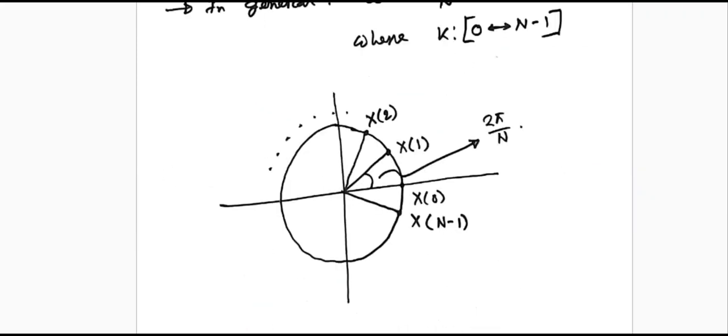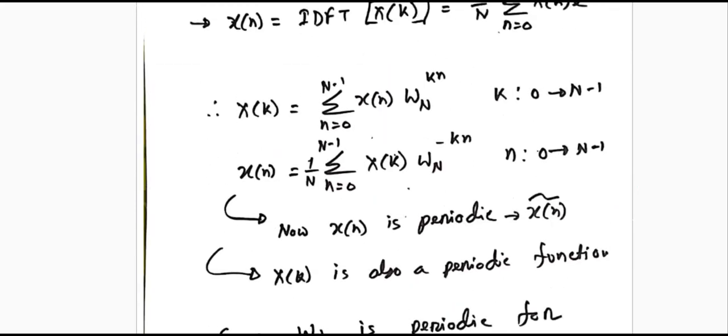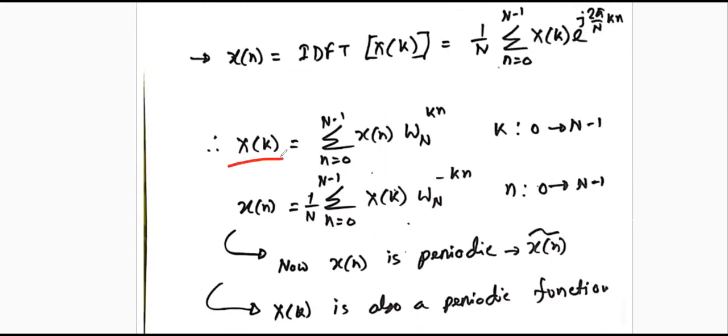So it is very easy to understand that this xk is also periodic, because Wn, or in other words e to the power minus j twice pi by n, is periodic. After twice pi you are getting the same value. So this is a periodic one.